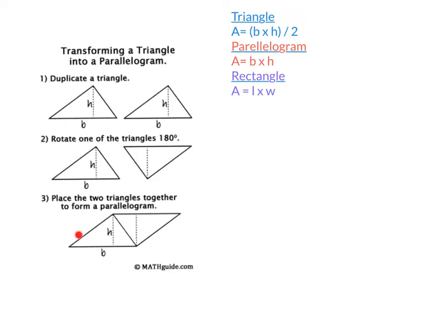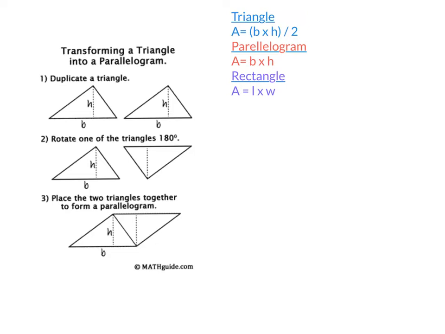So to find the area of this parallelogram, we could use our formula here, which is area equals base times height. And then if I divided this in half, like right over here, I could then find the area of just this triangle or this triangle, in which I could use my formula area equals base times height divided by 2. So you can see the relationship between a triangle and a parallelogram there.